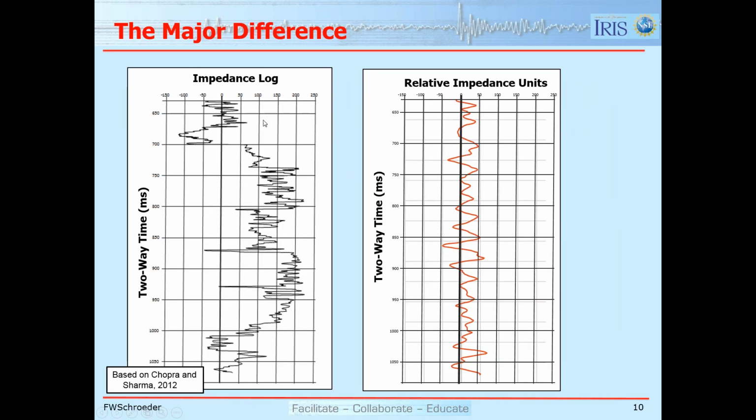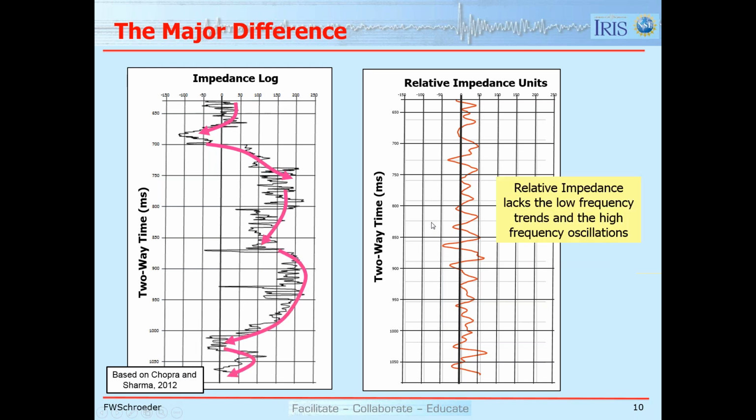So the major difference, here's an impedance log for a well based on this reference. And this is the relative impedance that has been calculated. The main difference is that there are some lower frequency variations in impedance that we don't see in relative impedance. So relative impedance data lacks the low frequency trends, and it also lacks the high frequency oscillations that we see on the impedance log itself.